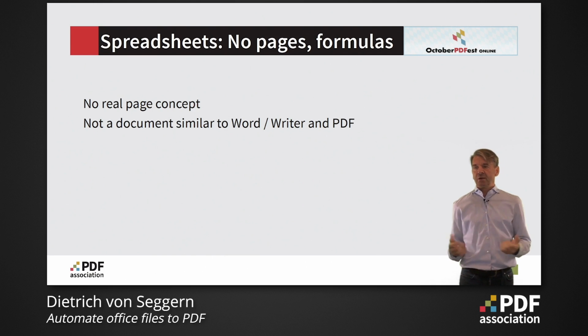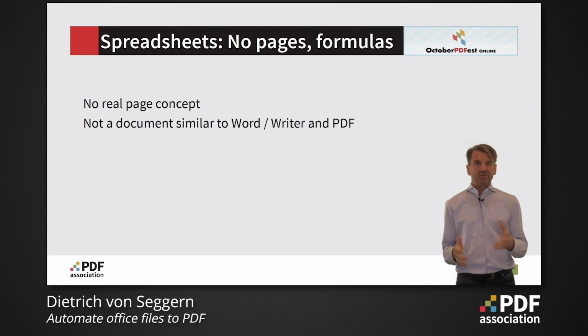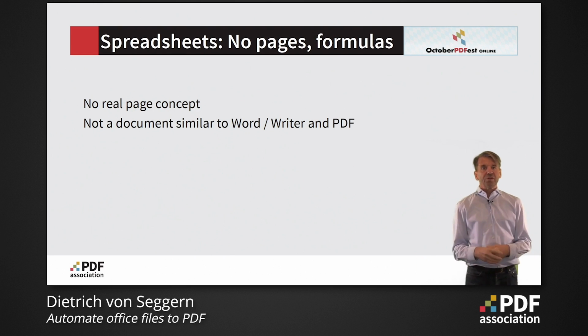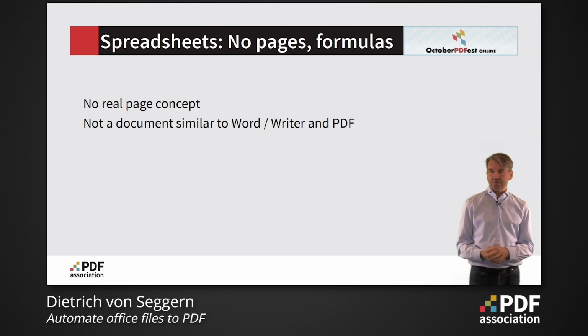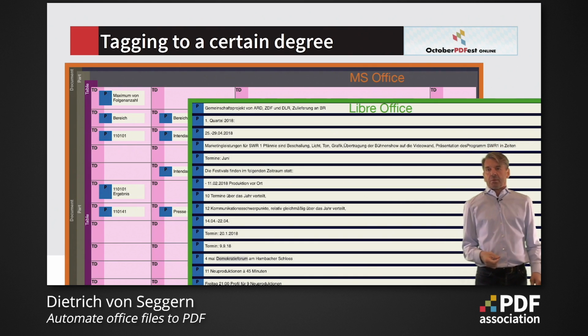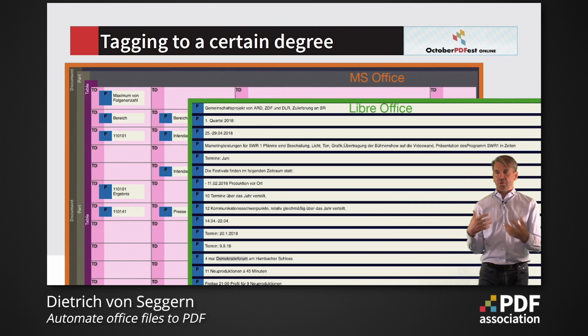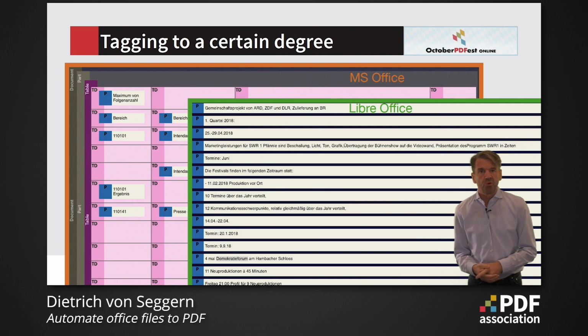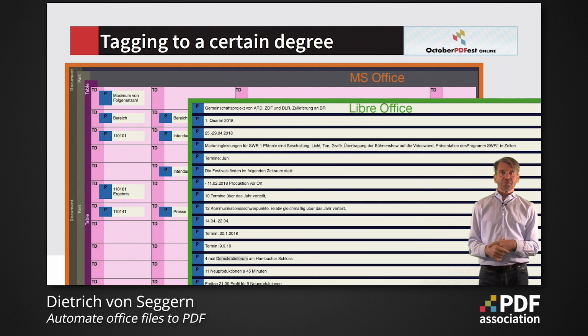A spreadsheet doesn't really have that. It's just, in theory, an arbitrary number of cells next to each other. But in general, conversion works. And there aren't really big differences between the two applications in our tests.